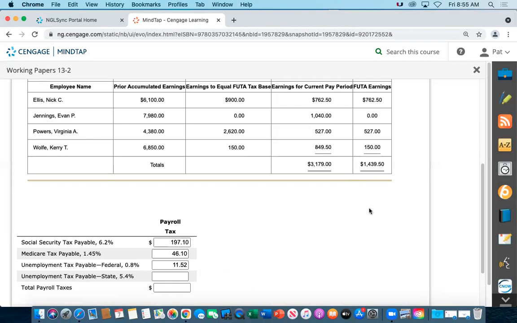And then you take 1,439.50 times 0.054, and you get 77.733, which is $77.73. You add up all those numbers, and you come up with the number 332.45.